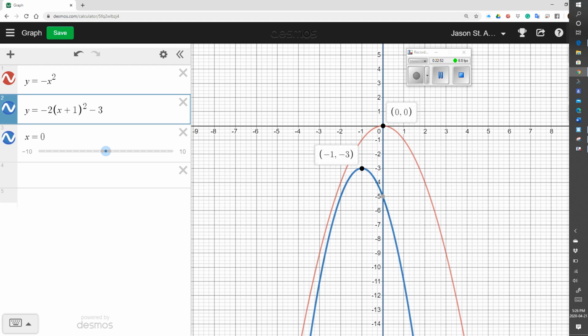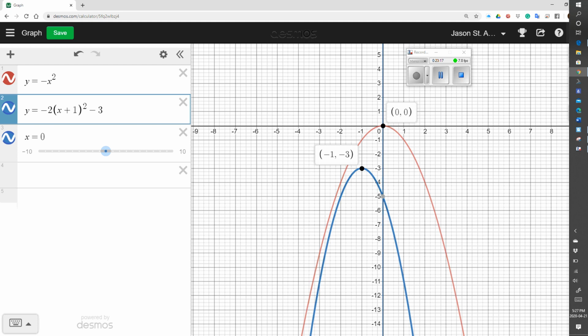And now our new graph for y equals -2 times x plus 1 squared minus 3, it looks like the maximum is -3, because if you think about it, all of the y values exist below -3.